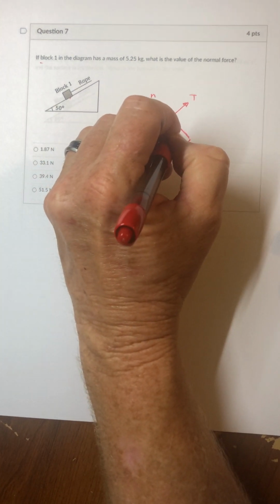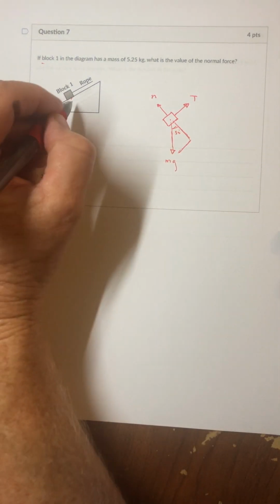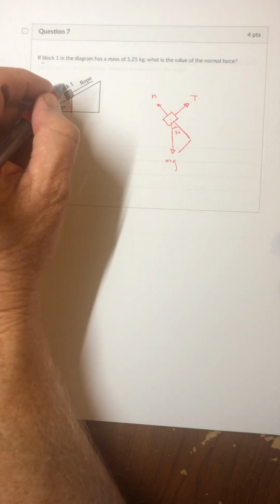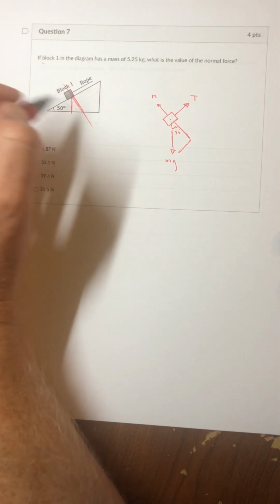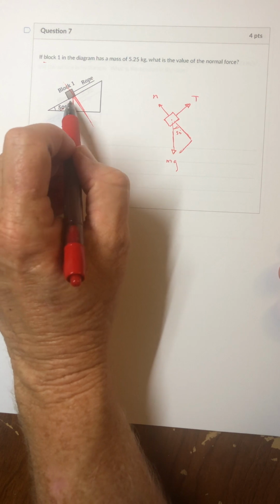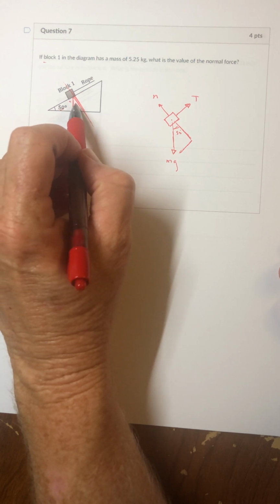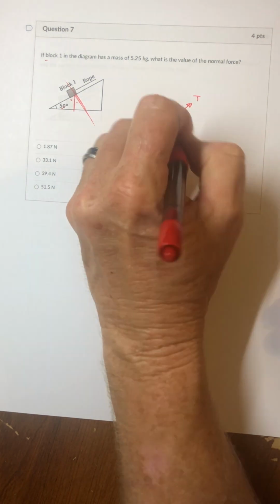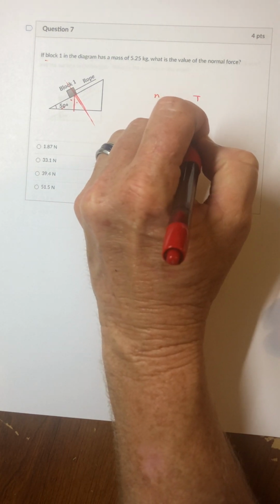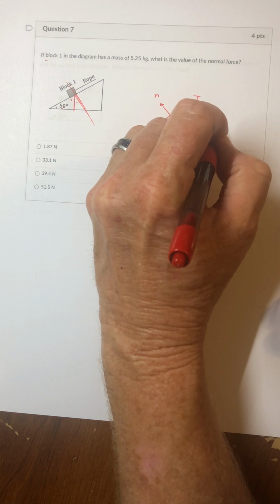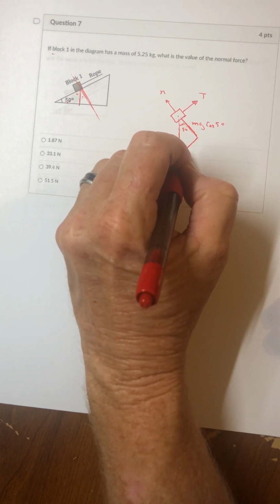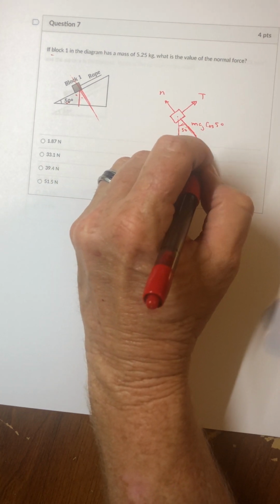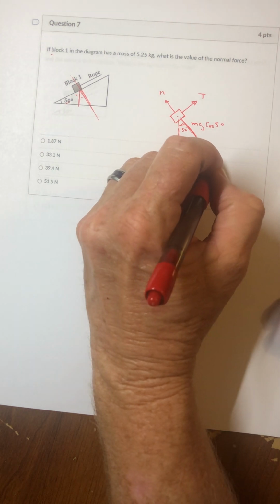This angle here is 50 degrees. You can see it if you come back here and draw a triangle. That'd be 50, that would make that one 40, and then that would have to be its complement again at 50. Going into the hillside would be mg cosine 50, whereas going down the hill would be mg sine of 50.